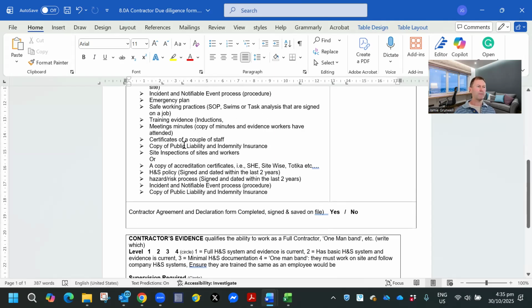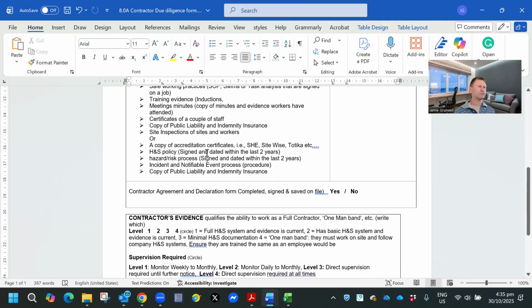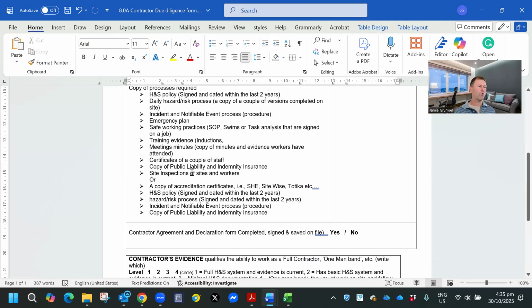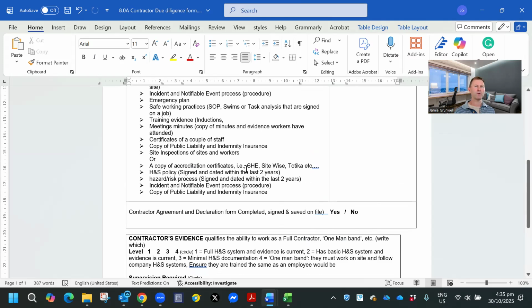A copy of public liability and indemnity insurance, and some other certificates from staff like first aid certificate and induction certificates. Or I want to see a copy that they've got SHE, SiteWise or Totika, because if I've seen the certificate from SHE, SiteWise or Totika, etc., I know that they've been audited and they've got all that safety information anyway.